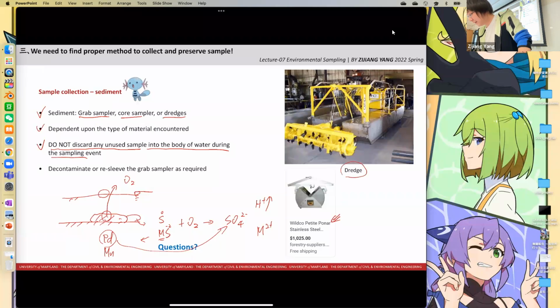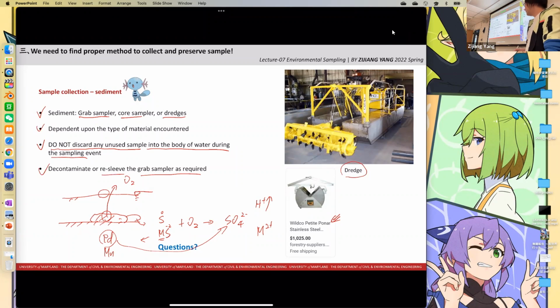It also depends on the types of material encountered, and decontamination is required for the grab sample. If we have extra sediment sample, we first need to decontaminate it before we return it to the environment. For this part, do you guys have any questions?